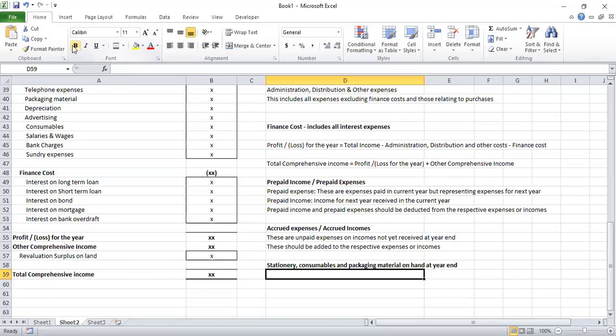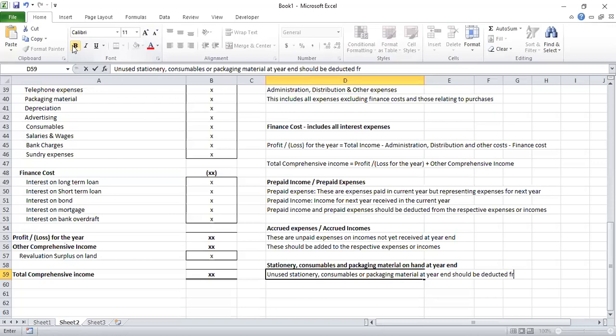So we're saying unused stationery, consumables, or packaging materials at year end should be deducted from the related expense. So if you are told that there was stationery on hand at year end, we should deduct it.